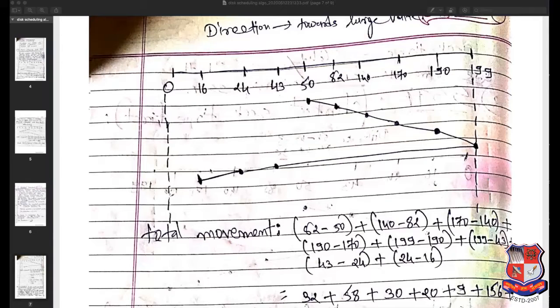So 50 is my head position, then I move to 82, 140, 170, 190, and reach the end, 199. When we reach the end position, we move in the reverse direction.